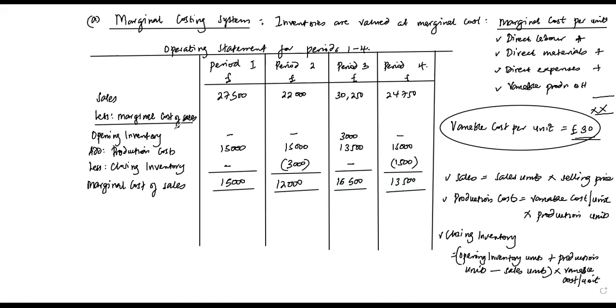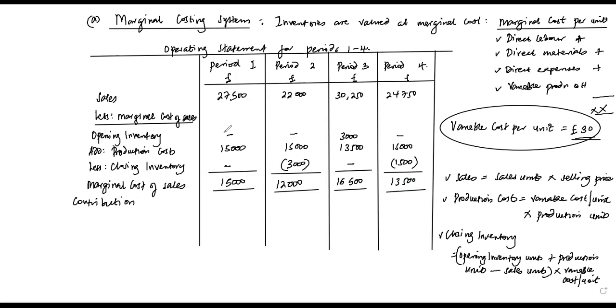Now, in management accounting, under marginal costing, we use the concept of contribution, where contribution equals the sales minus the marginal cost of sales.